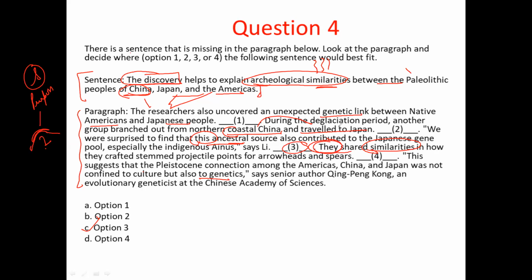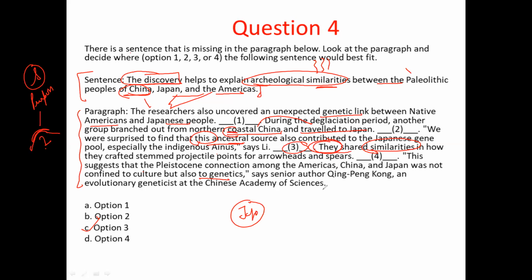So, we can see that the sentence fits contextually in blank number 3. Before blank number 3, the passage discusses genetic findings like Native Americans and Japanese people, and Lee mentions the surprising contribution of an ancestral source to the Japanese gene flow, which comes basically from northern coastal China.